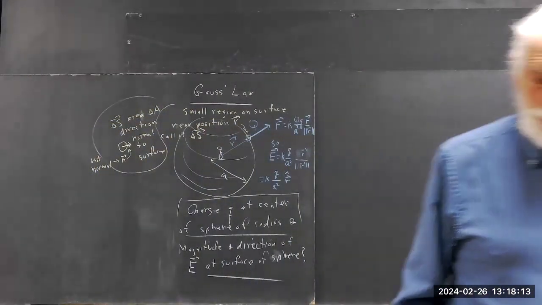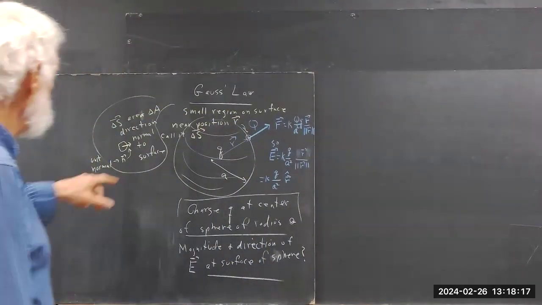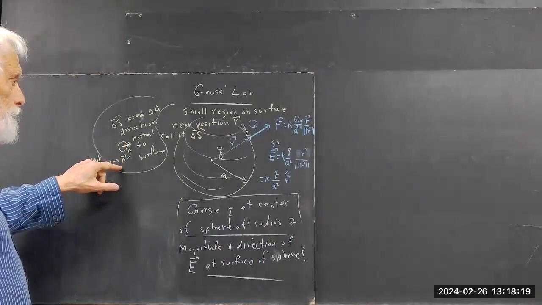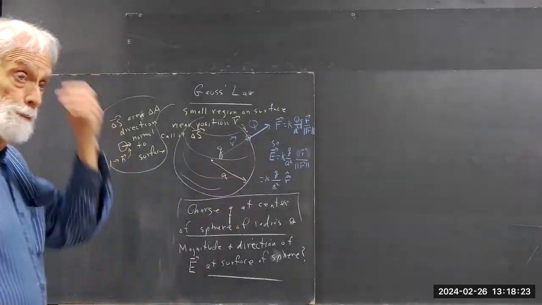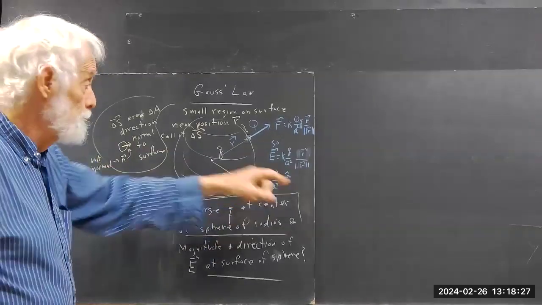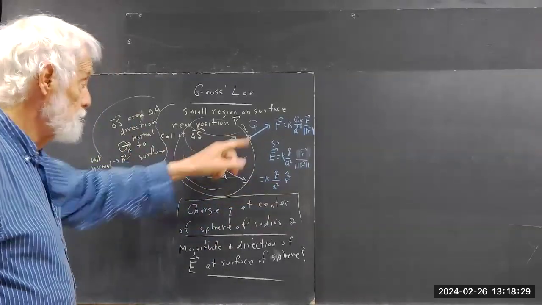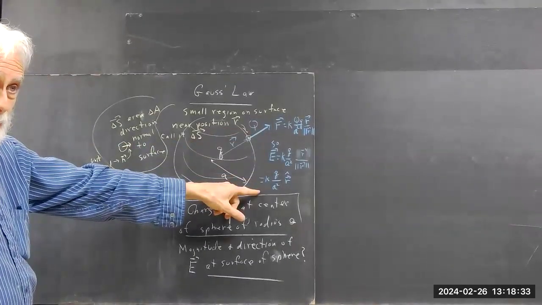This tells us then that in this picture, this unit normal is parallel to the electric field, doesn't it? Electric field is perpendicular to your R vector, which is radial, and the normal vector is radial.